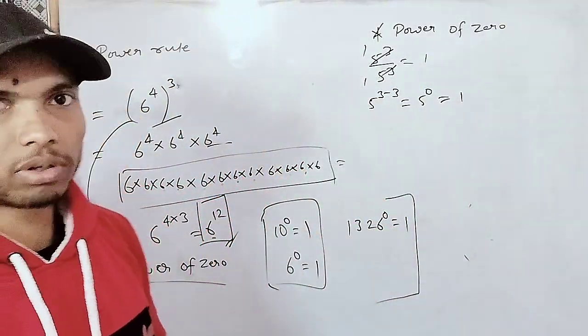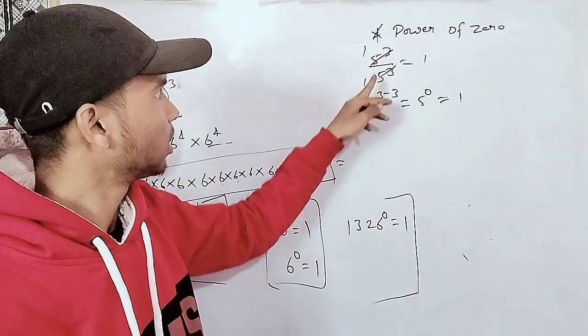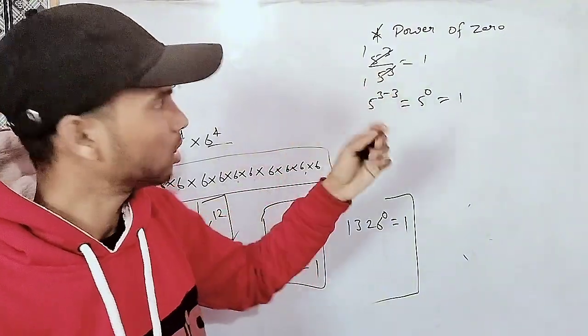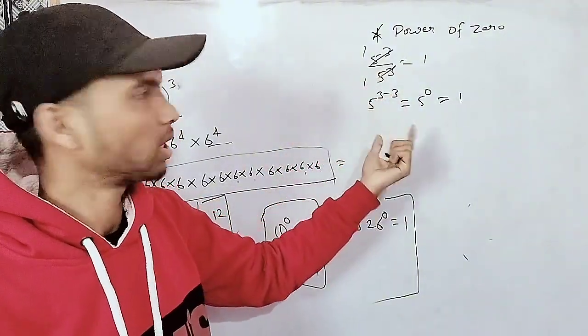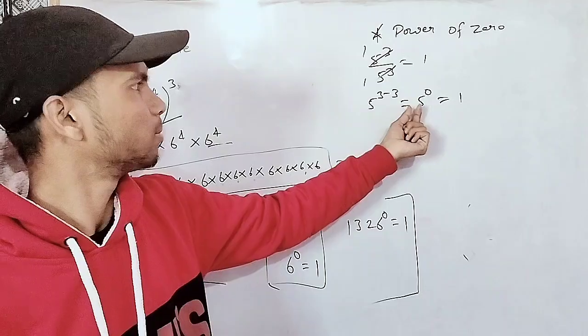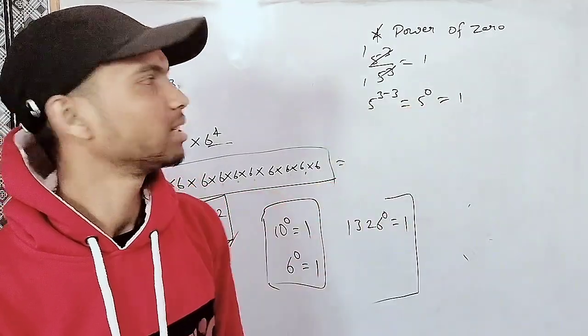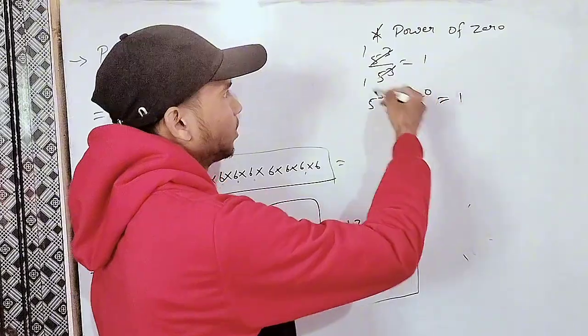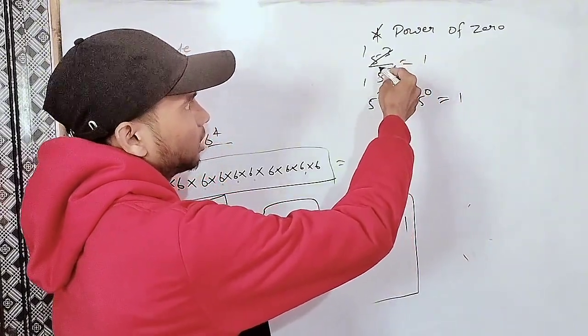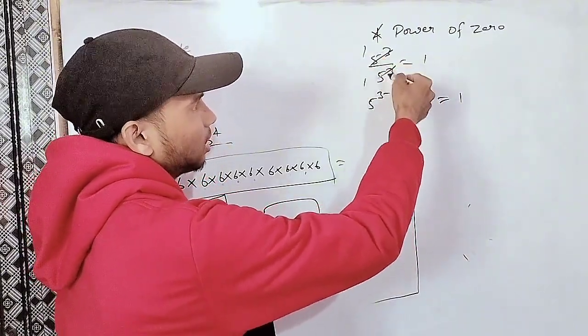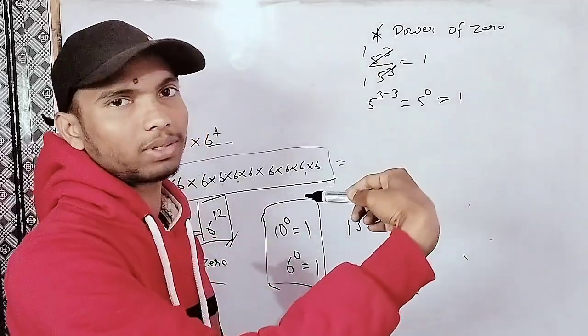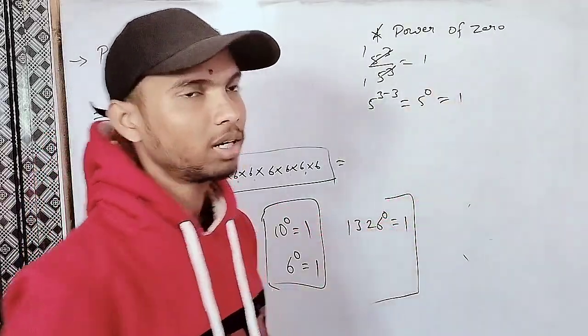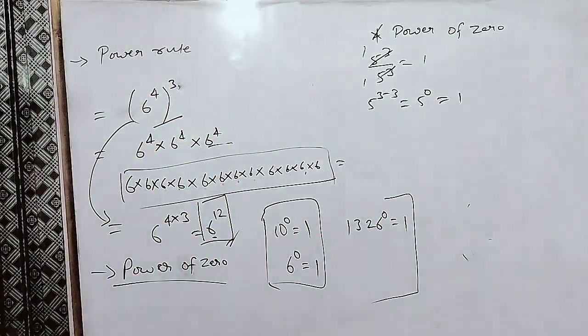This is just a different way to write it. So this is a proof. We used the quotient rule. Our base is 5 and 3 minus 3 becomes 0, then we have 1. And when we have it like that, it gets cancelled out, then we get 1. Did you understand?